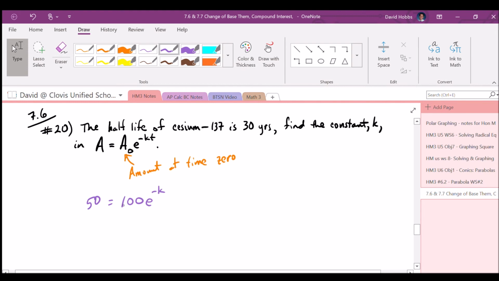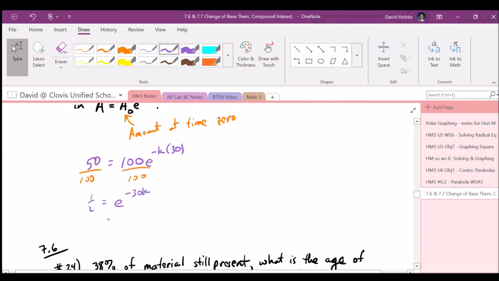Now I just did 30 years, because I started with 100 and now I only have half of what I started with, so I have to plug in a 30 right there for T. And if you look, the only thing we don't know is K. So I'm going to divide by 100 to begin with, or multiply by 1 over 100, and I get 1/2 equals E to the negative 30K.